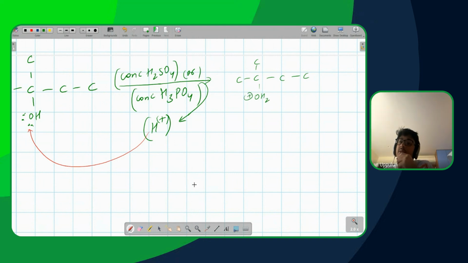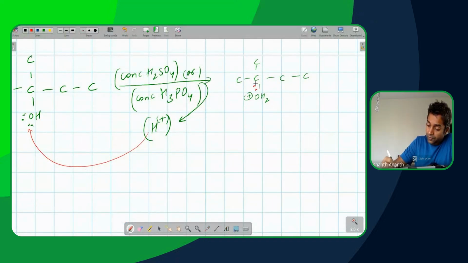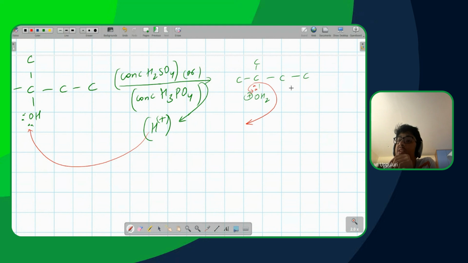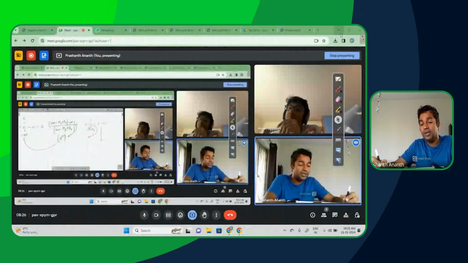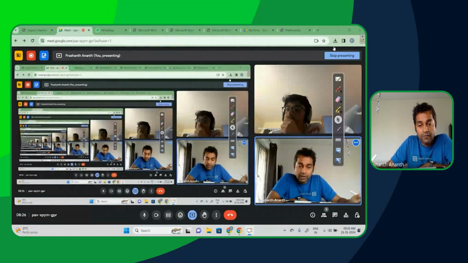Then we remove the water molecule. Good. The water molecule takes the 2 electrons present here and gets out. It takes the 2 electrons because it's more electronegative, right? Yes, exactly. The oxygen here has a positive charge and is of course far more electronegative.